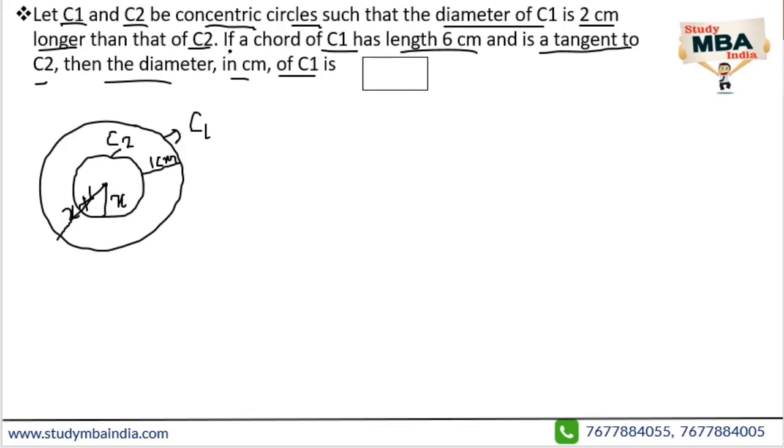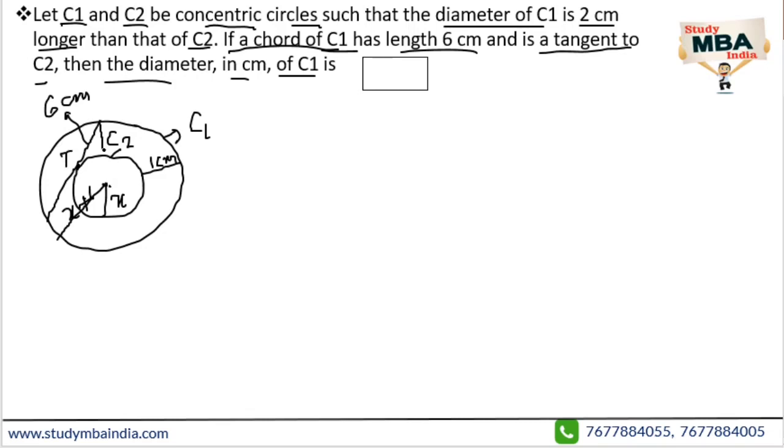Next, it said that if a chord of C1 has length 6 centimeter and is tangent to C2, which means suppose I say that this is a chord and the length of the chord is 6 centimeter, and it is tangent to circle C2. So let's say this is the point where it is tangent and this point is T. So this is the circle.